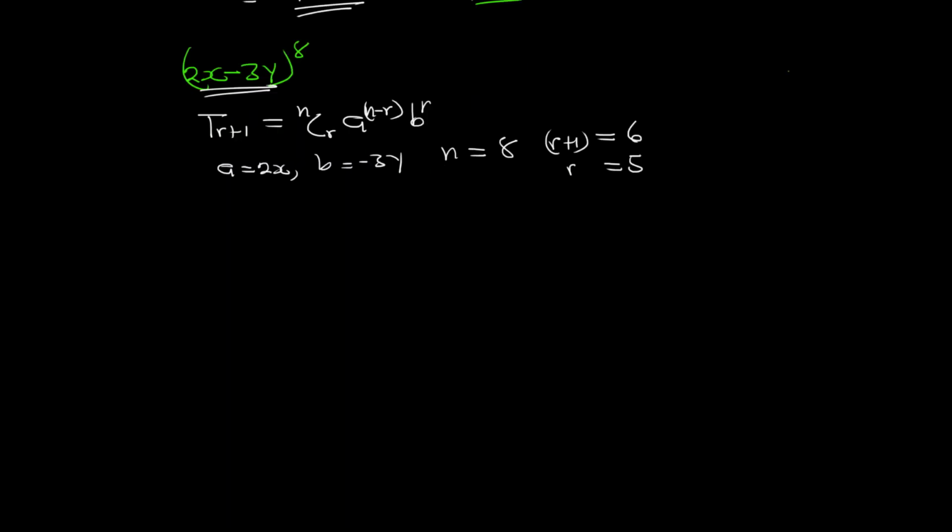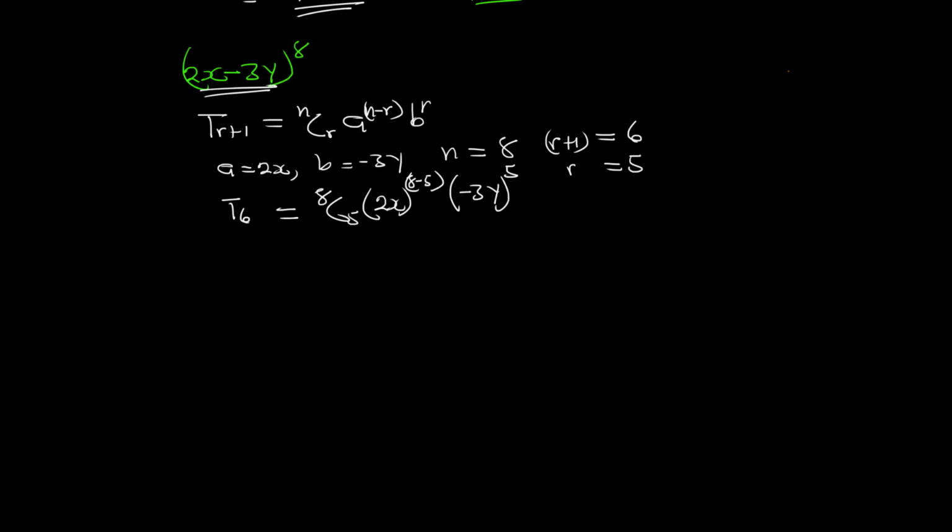Substituting into our equation, we have the sixth term, which is T6, will be equal to 8 combination 5 times 2x raised to the power 8 minus 5 times minus 3y to the power 5.